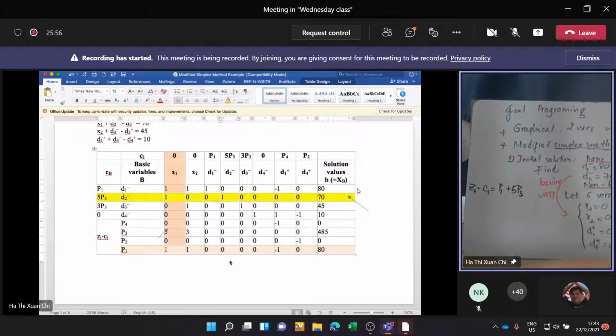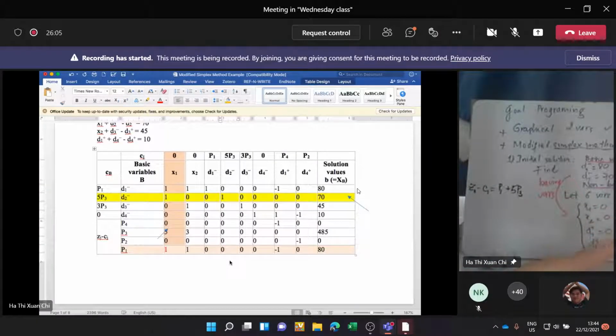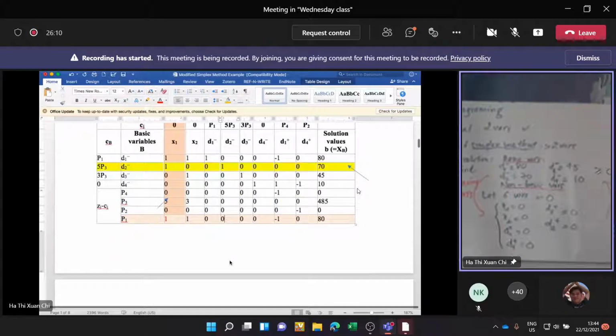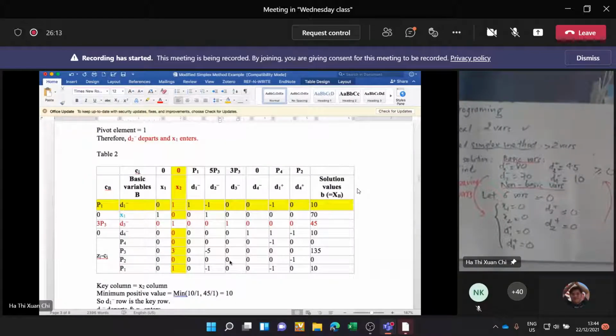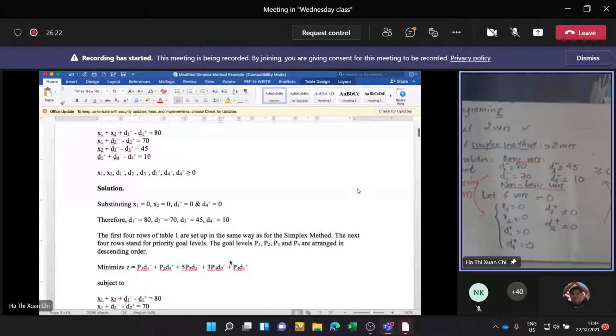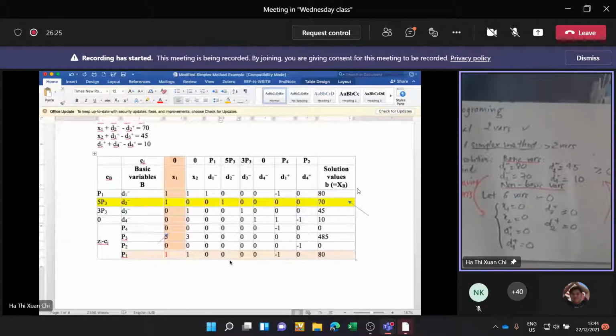So right now we continue with the entering. We improve, right? Improve the initial solution here. So we start with finding the largest positive for entering here, because that is the minimize problem, right?